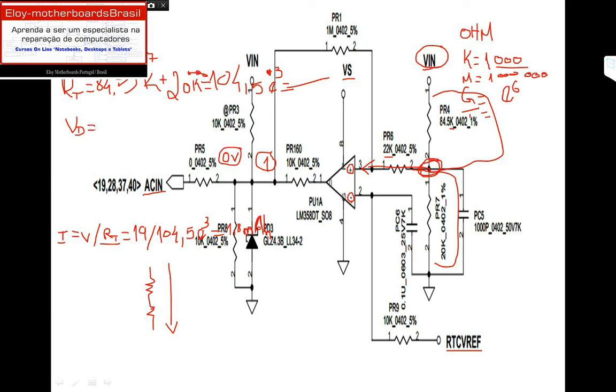It will be the value of PR4, 84.5, multiplying by the current, 1.8 exponential minus 4.